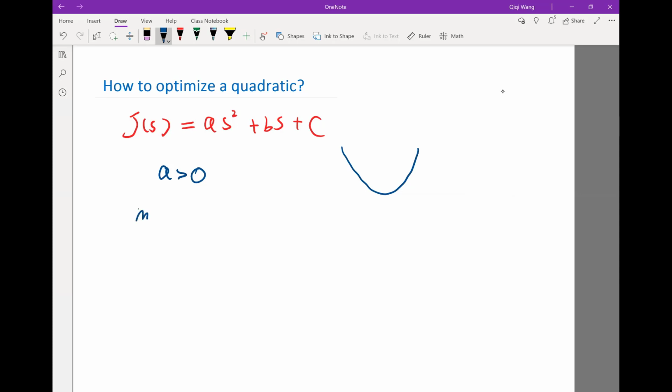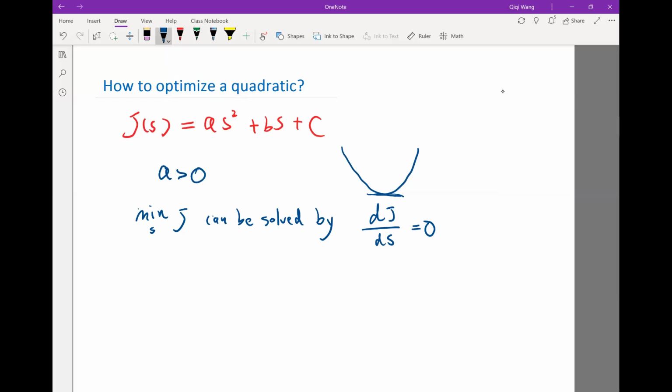So we can only solve the minimization problem of J. This can be solved by taking the derivative, by setting dJ/ds equal to 0. That is this minimization point.